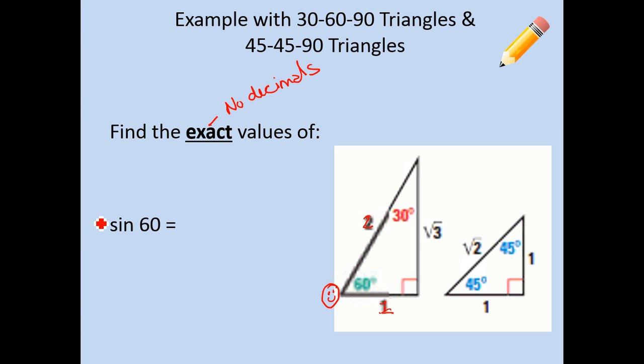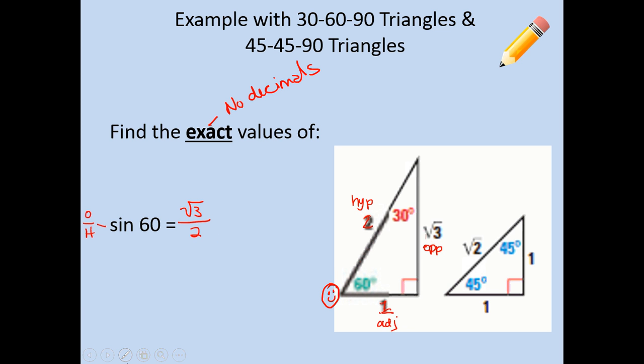Okay, and remember sine is O over H. So the sine of 60 in this triangle would be opposite, because this would be the opposite, the 1 would be the adjacent, and the 2 would be the hypotenuse. So this would be the square root of 3 over 2.